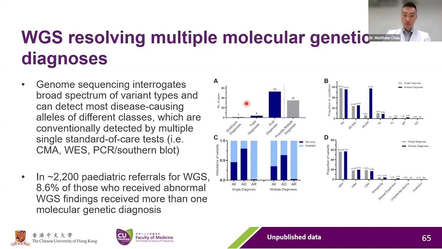So here it shows 53 individuals had dual diagnoses, 4 had triple, and 1 even had quadruple diagnoses. And these diagnoses also occur in different disease modes of inheritance. Interestingly, when comparing the AD and AR conditions in single diagnosis and multiple diagnoses, we see a sort of drop in the AD disorders.